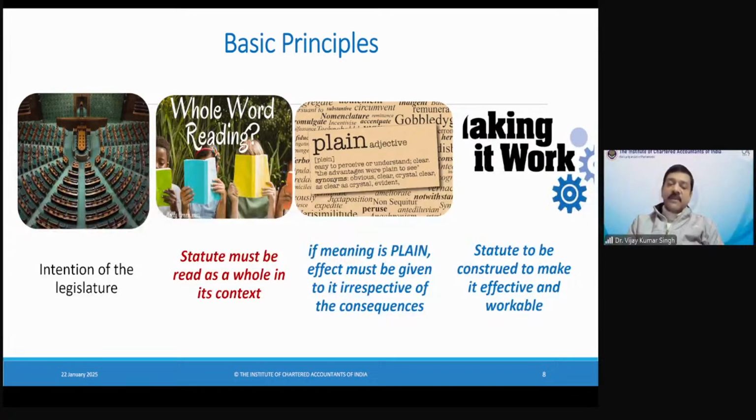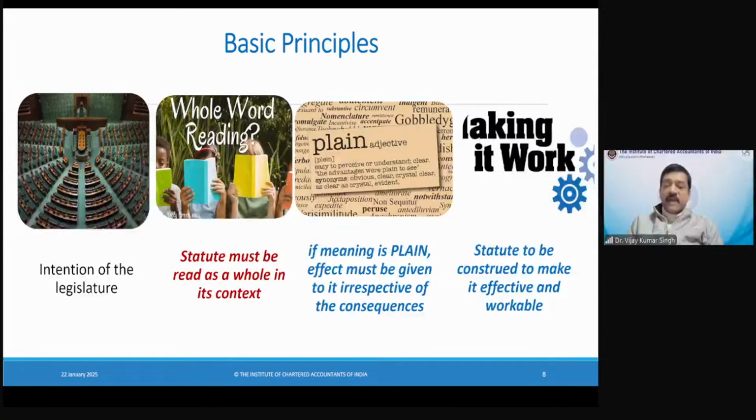And many a time it may happen that the plain meaning of the words is not clear, or there is a problem in interpretation of those words. Then in that situation, you have to make the statute effective and workable, so that the statute on the books is not just lying there without any interpretation.